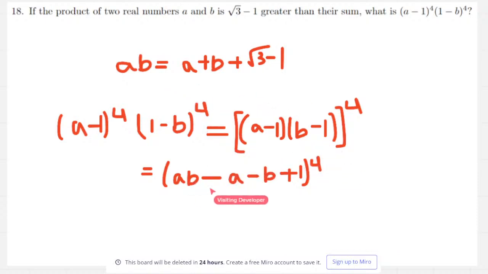And so we're actually able to find an exact value for this expression, since from what we're given, we know that ab equals a plus b plus root 3 minus 1. So ab minus a minus b plus 1 is just equal to root 3.